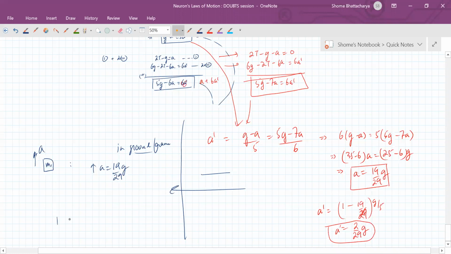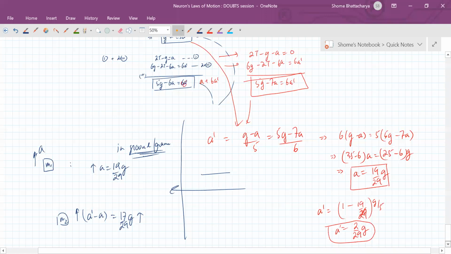But m2 on the other side, with respect to ground frame, its acceleration is a prime plus a. Because it was going with respect, sorry, it is a prime minus a upwards. So it is this minus this. So it is 17 by 29 g upwards in the ground frame.